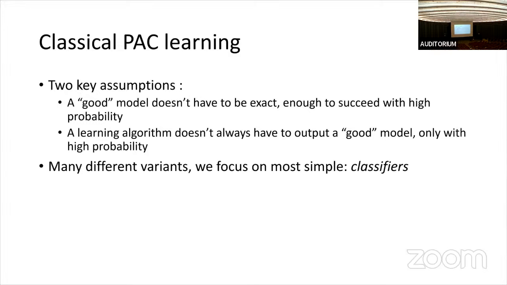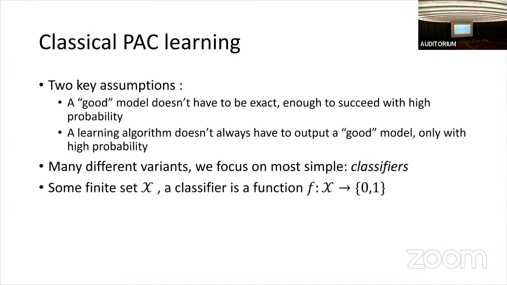Of course, this is a huge theory, so we don't have time to go through all of the different types. We're just going to focus on the most studied type of PAC learning object, which is called a classifier, which is just an indicator function on some finite set. You can deal with infinite sets as well, but then you have to do measure theory, and I don't like measure theory, so we're going to do finite sets. A classifier is just a 0-1 function on that set.